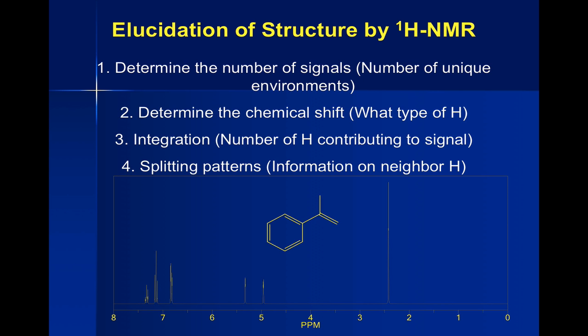Okay? If we look at this molecule, this is a simple molecule. It's a styrene derivative. And again, this is a calculated spectrum that I did on a computer, and it just didn't transfer very well. So how many signals do we see? We see 1, 2, 3, 4, 5, 6. Does that make sense?